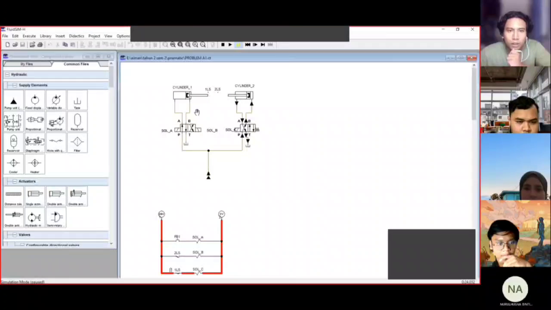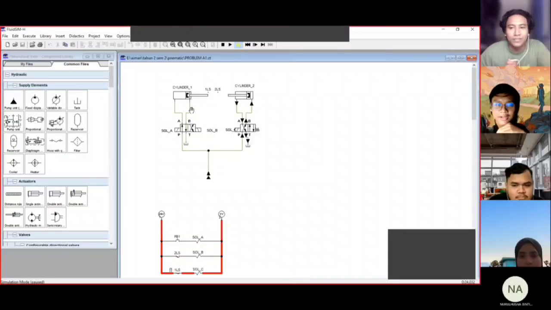So the cylinder one extends because we actuated the push button one, so it energizes solenoid A. So it shifts the double solenoid valve, so it extends cylinder one until limit switch one is activated. Okay, next question.